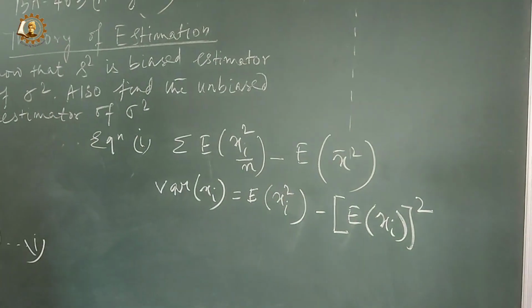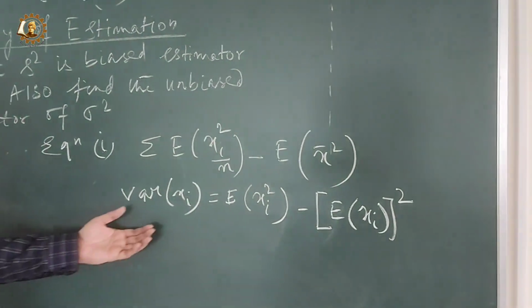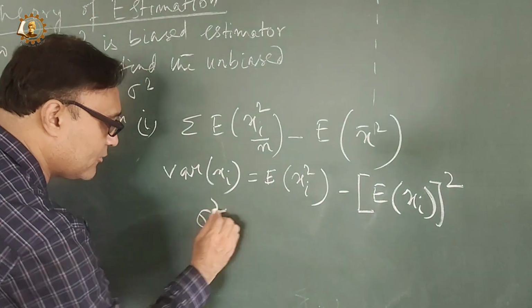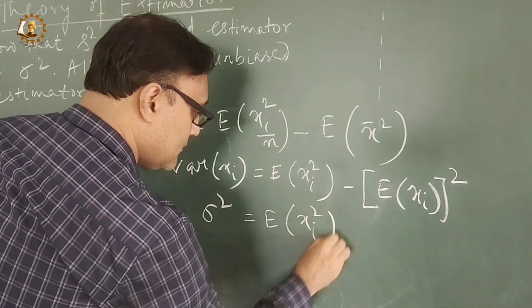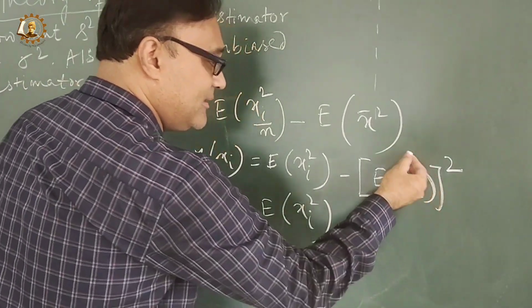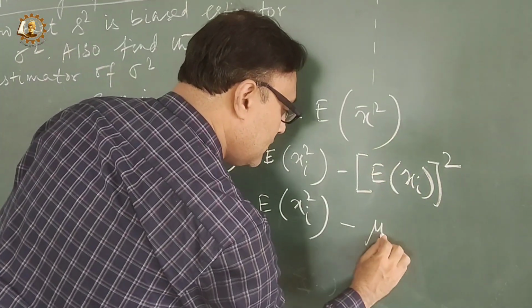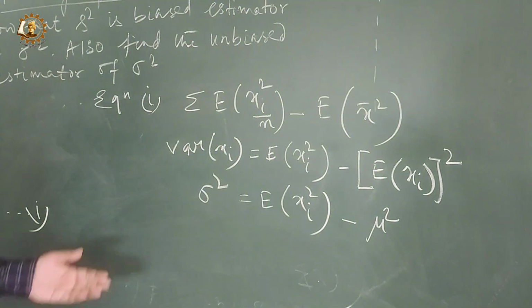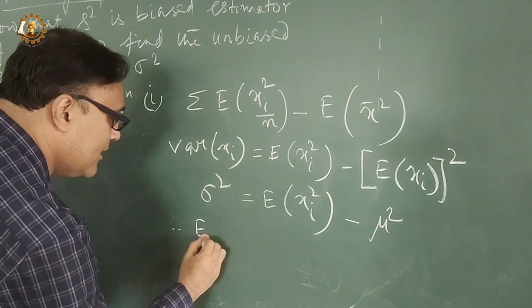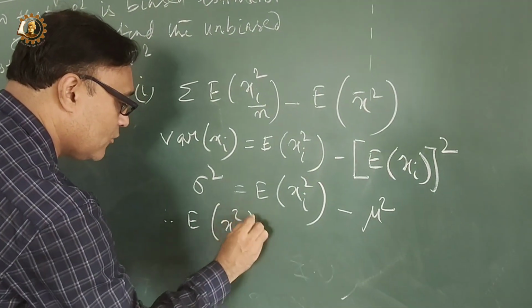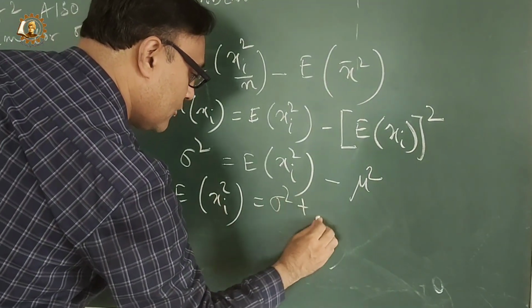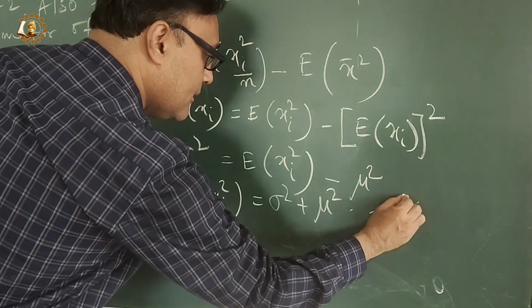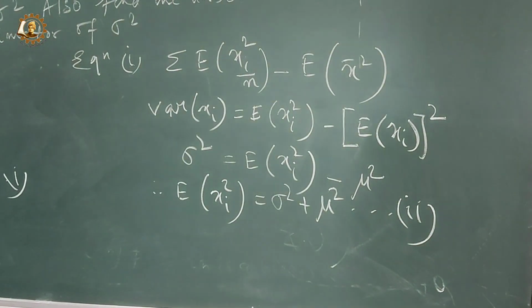This is by definition what we are getting. We know that variance of xi is written as sigma square. This E xi square will be there minus this E of xi by definition is nothing but mu square. Okay, so therefore E of xi square, if we take mu square on the left hand side, I will get sigma square plus mu square. So this is my equation 2.